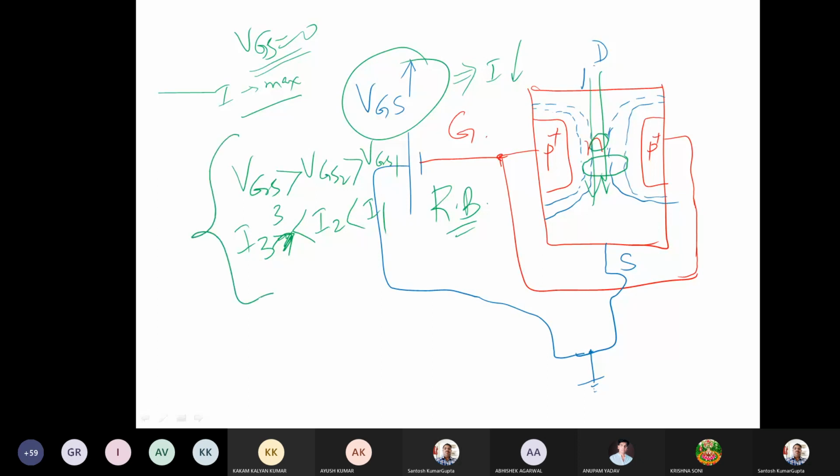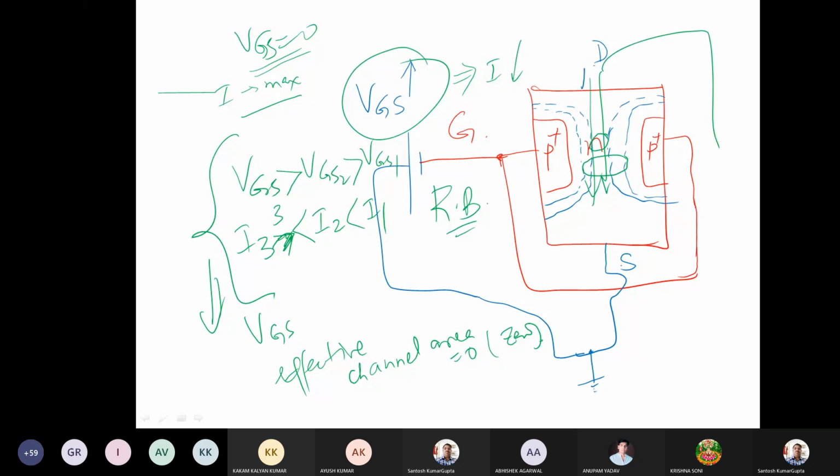If we keep on doing so, there will be a VGS for which the effective channel area becomes 0, and then no current is possible, whatever the VDS we apply.